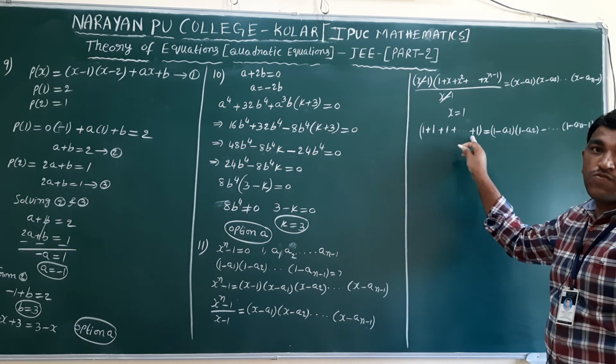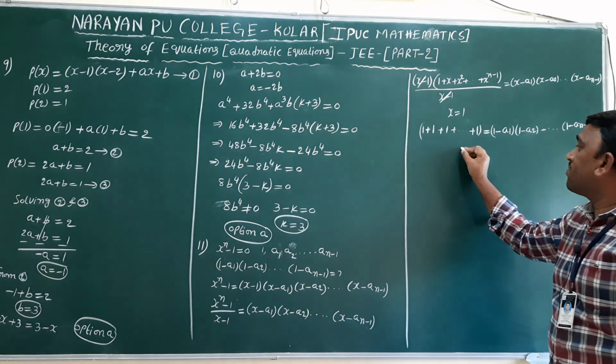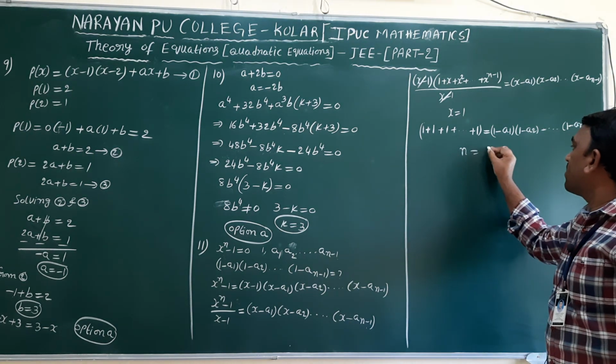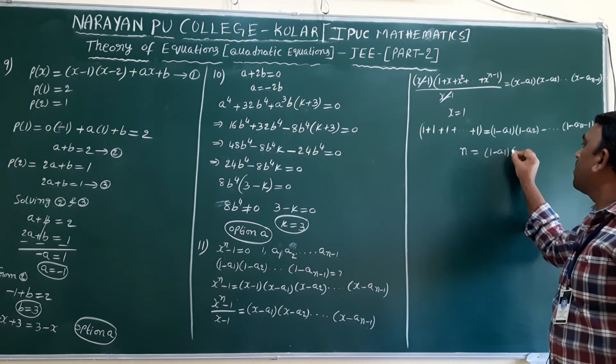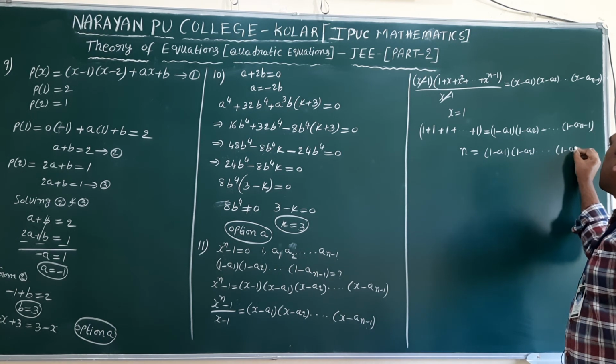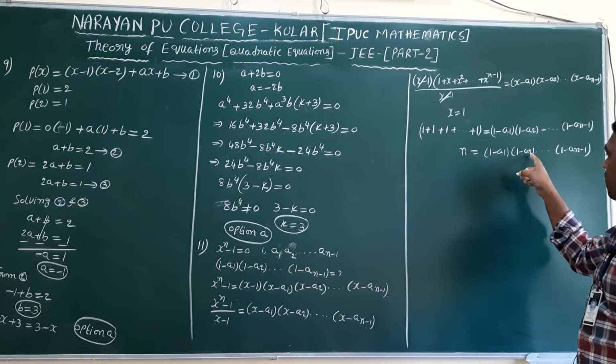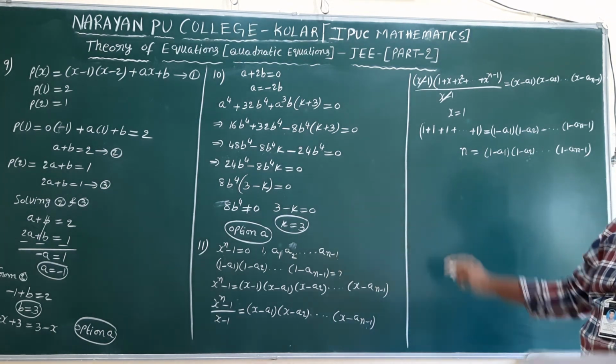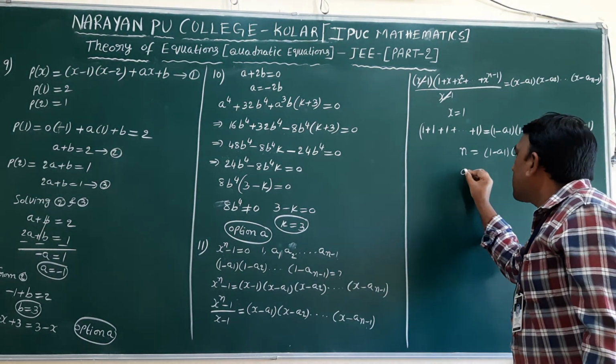These are the n terms, so 1 plus the sum of n terms is n only, equal to 1 minus a1, 1 minus a2 and so on, 1 minus an minus 1, which is what is asked. That value is n. So option A is correct.